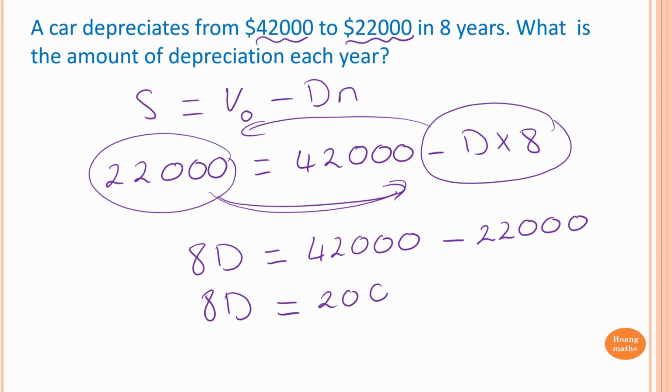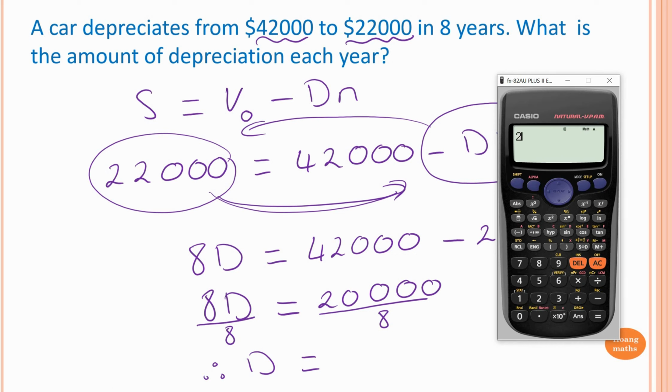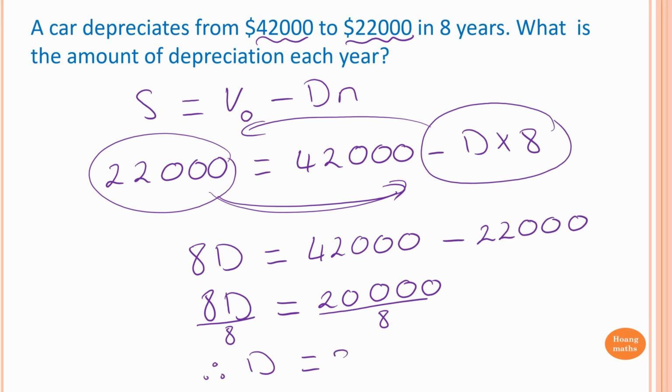So that becomes 20,000. And then I just divide by 8 on both sides. So therefore, D is equal to 20,000 divided by 8, so 2,500. So therefore, every year, the car depreciates $2,500.